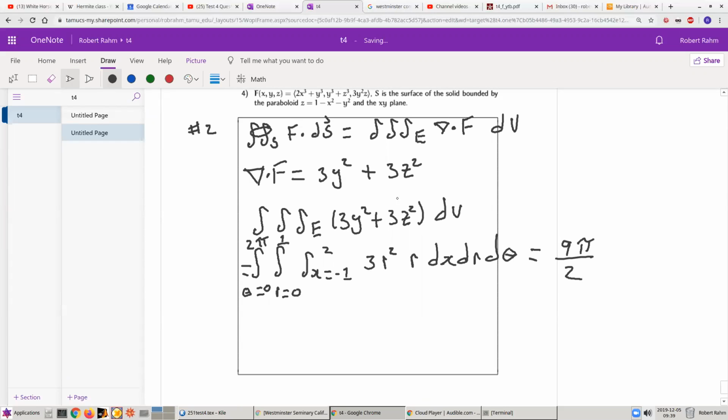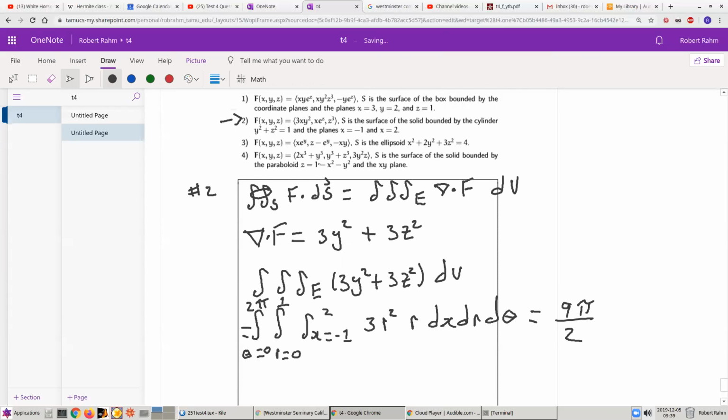Okay, just to recap, S was this cylinder, and we changed the surface integral of the vector field over this closed cylinder. It's important that the cylinder includes the caps, x equals -1 and x equals 2. If it doesn't, you can't use this; you can only use it if it's a closed surface.